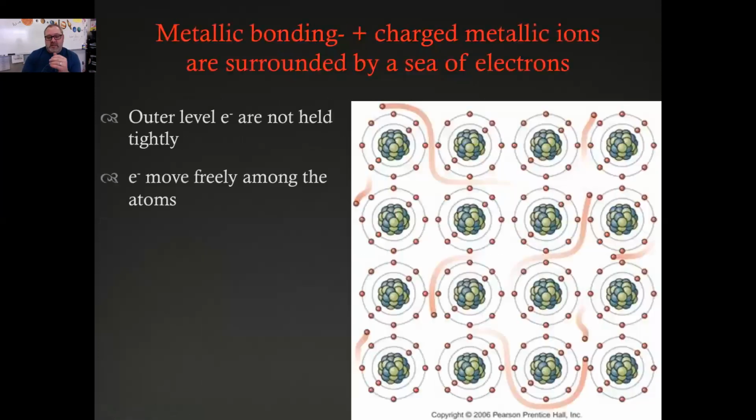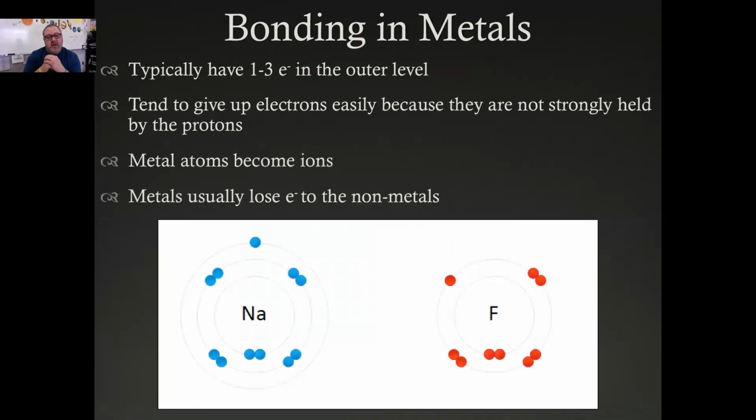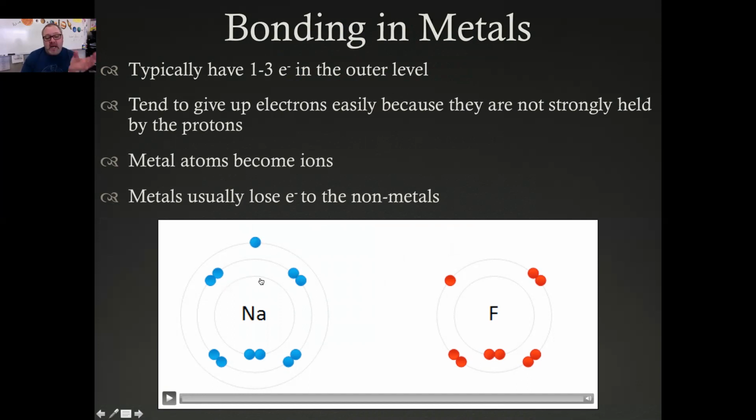So again, if we go back two slides ago, sodium is in group 1, fluorine is in group 17. Sodium wants to lose this 1 electron because then it has a full outer shell of 8 electrons: 2, 4, 6, 8. Becomes stable. It becomes an ion. Now it's more positively charged because it lost a negative charge.